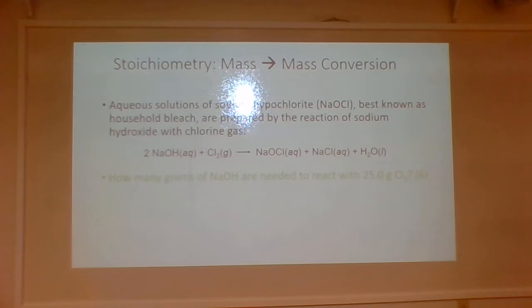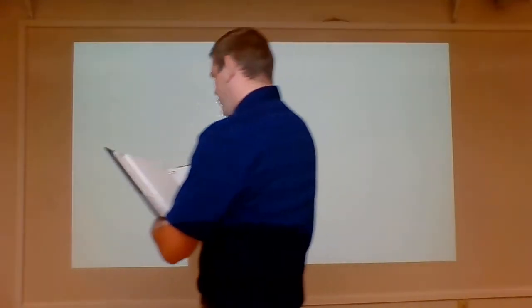So how many grams of NaOH are needed to react with 25 grams of Cl2? Okay, to work through this problem, we first need to take a look at what we're trying to do here.